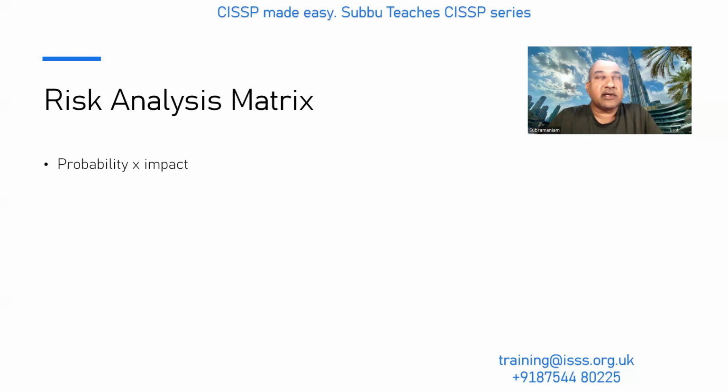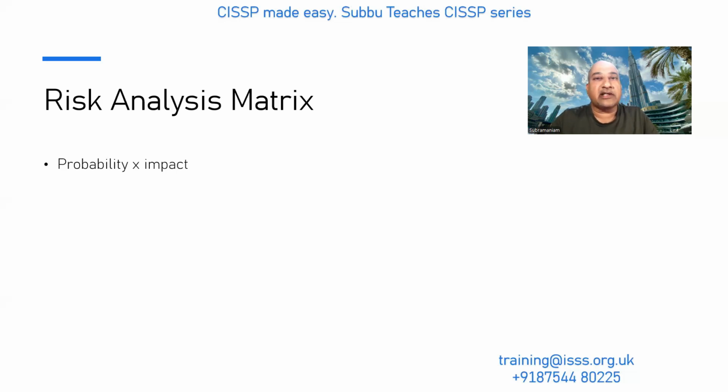Nikto is something that we actually use, and ZAP is something which I love, a freeware from OWASP. So use STRIDE or other methodologies to identify the threat, and you also have threat intelligence. There's going to be a separate series of videos on threat intelligence. So threat modeling finds the threats, and for vulnerabilities you've got scanners.